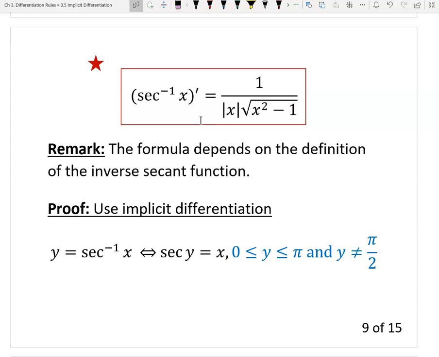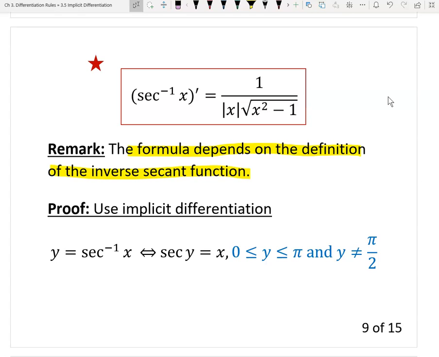So the derivative formula of inverse secant depends on the definition. Can you see I put a remark here? And let me highlight. This is very important. Okay, the formula depends on the definition of the inverse secant function because we have 2 types of definition.